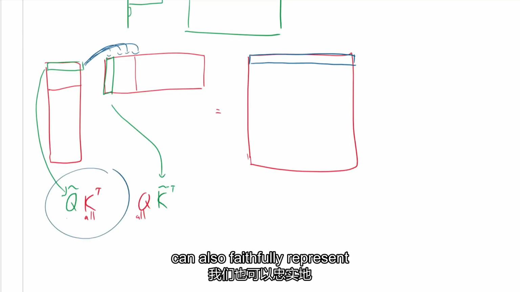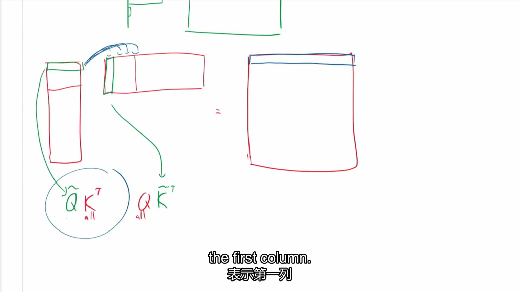We can also faithfully represent the first column, because we have the first key and its inner product with all the queries.